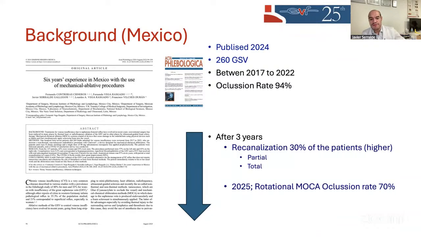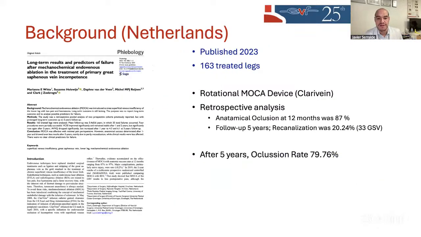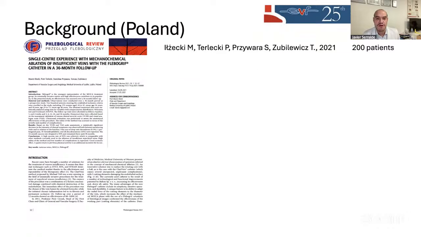In 2025, we decided to say in this study, we need to modify because the occlusion rate was approximately 70%. Another publication, for example, in 2023, after 5 years, reported the occlusion rate in approximately 79%.